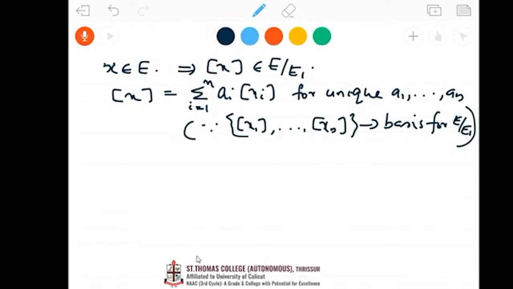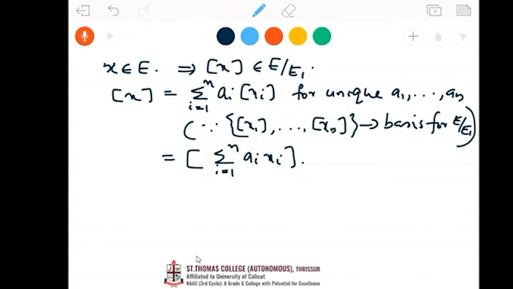Now, what about class summation i equal to 1 to n ai class xi? It is same as class of summation i equal to 1 to n aixi. Okay. And this says that class of x and class of summation i equal to 1 to n aixi are same.